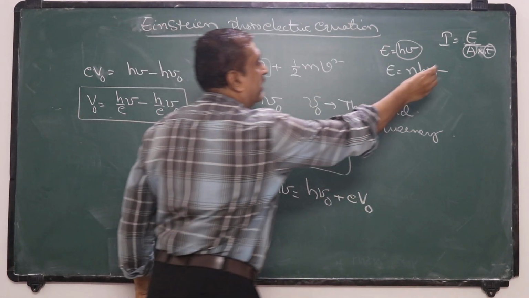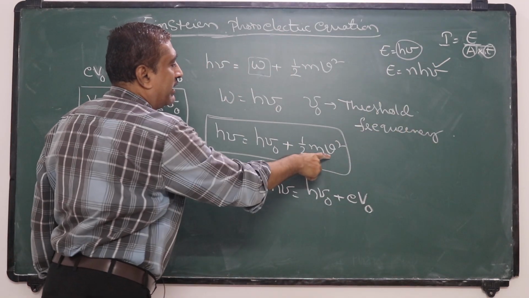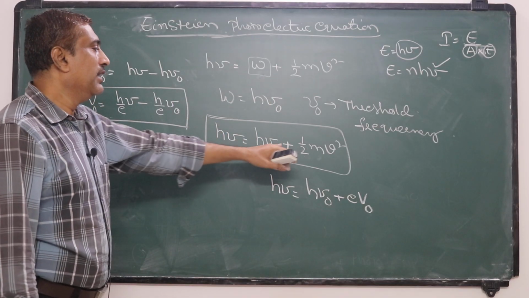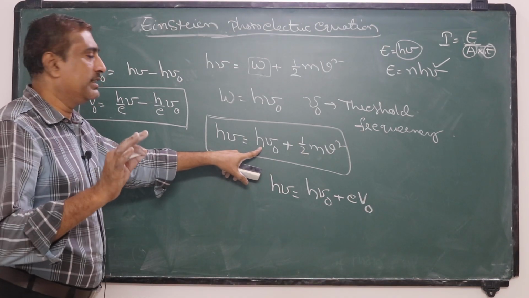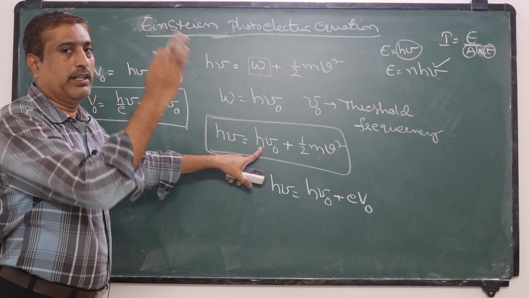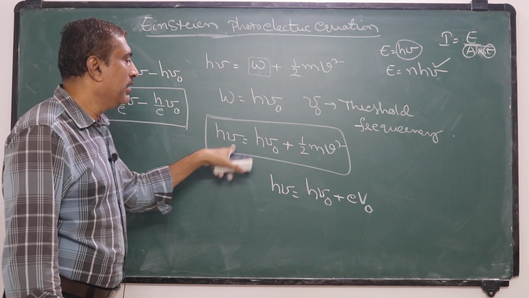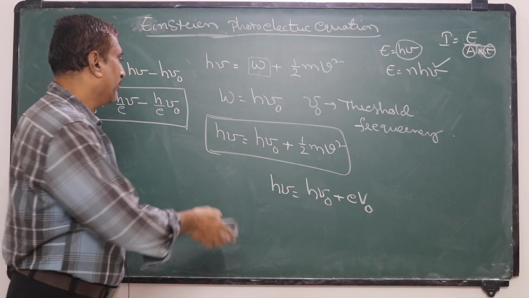If frequency increases, kinetic energy increases, because a minimum amount of energy is taken to liberate the electron and the remaining energy is given to kinetic energy. If the frequency is more, kinetic energy will be more.